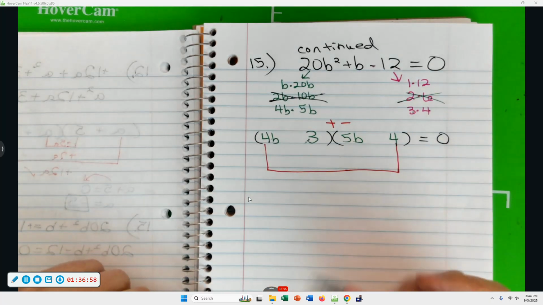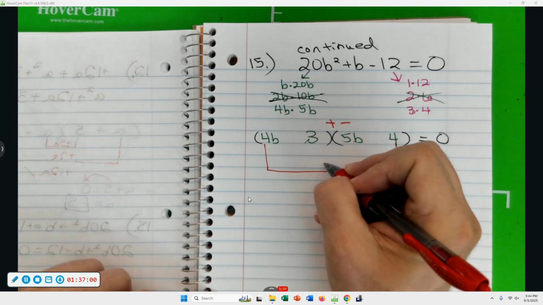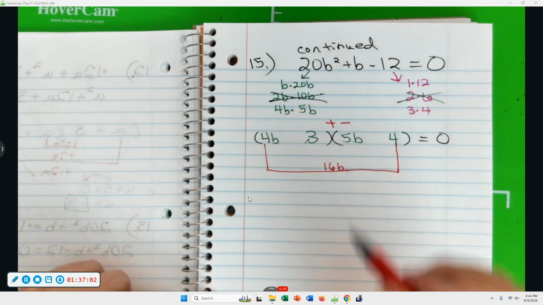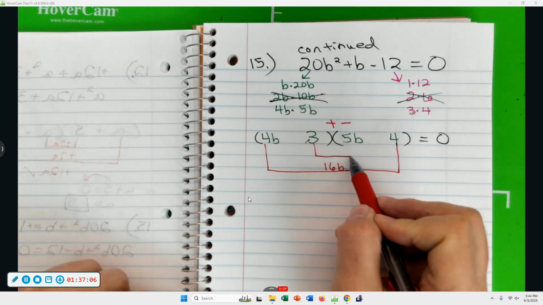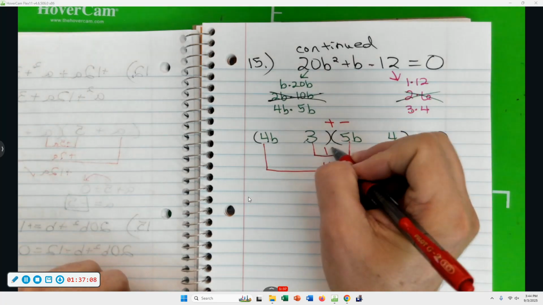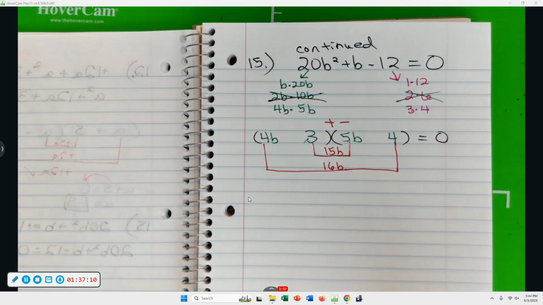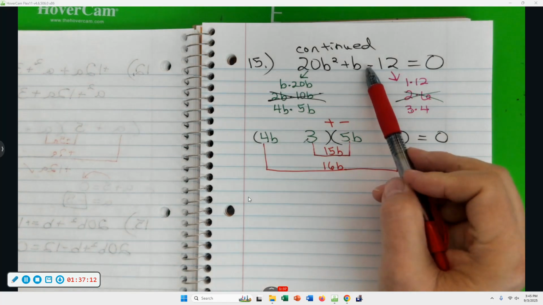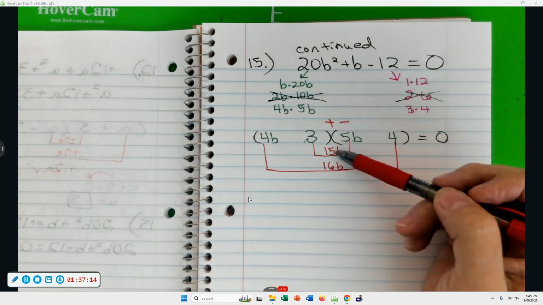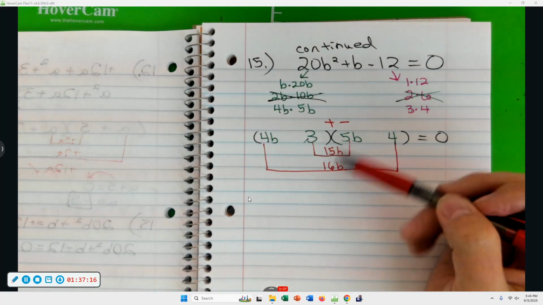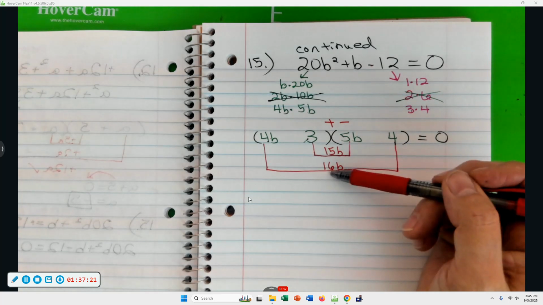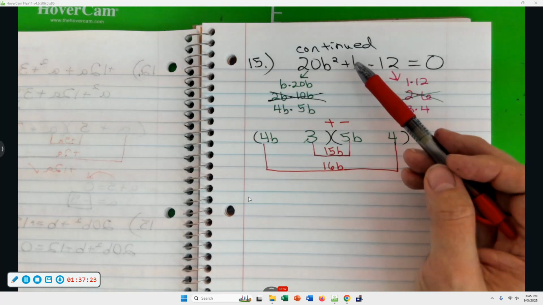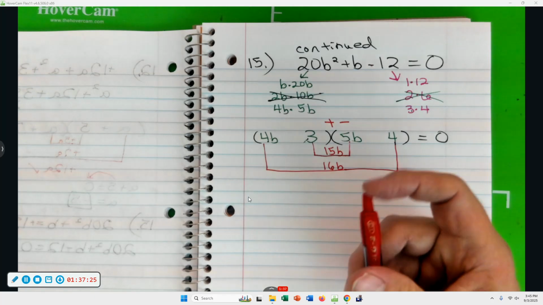4b times 4 gives me 16b, I agree. What's the inner product? 3 times 5b is 15b. Remember, if the last sign's a minus, you have to subtract those terms in a way to get that number right there. Can 15 and 16 subtract in a way to give me a positive 1b?